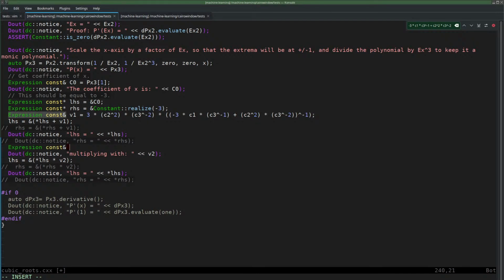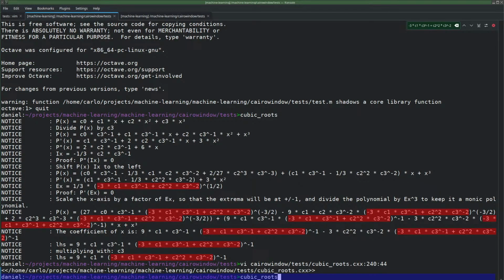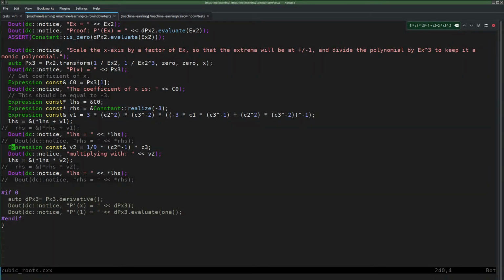Expression V2 is then 1 divided by 9 times, and then what was it? C2 to the power minus 1. No, what? Yeah, and C3. I think. Yeah. No. C1.